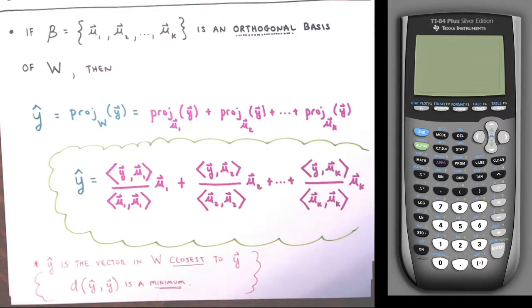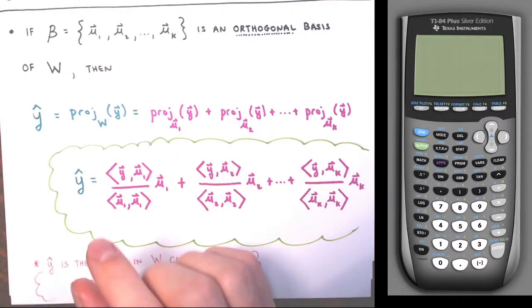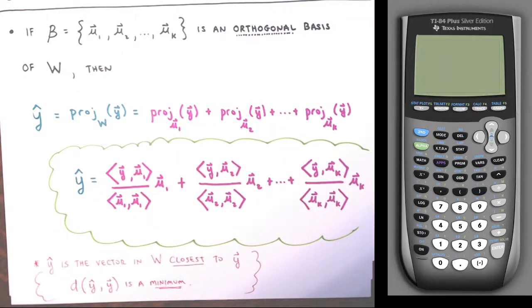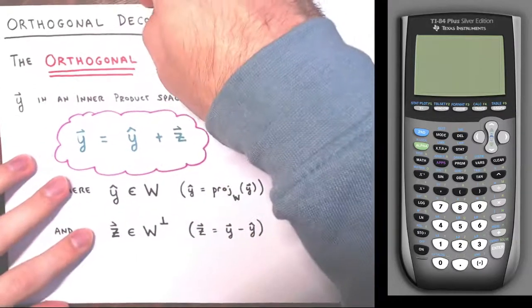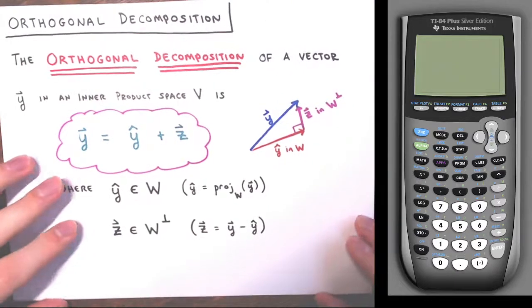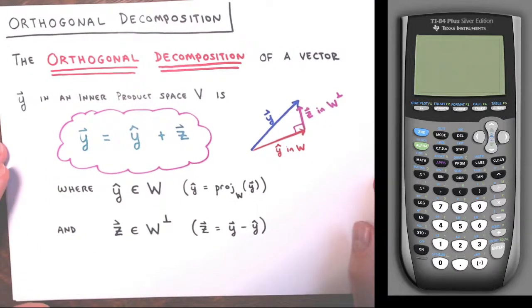Alright, so this will give me that vector in W, and then I'll need to find a vector in the orthogonal complement of W to complete what's called the decomposition of a vector, the orthogonal decomposition. So one more definition page here, and then I'll get into some examples.